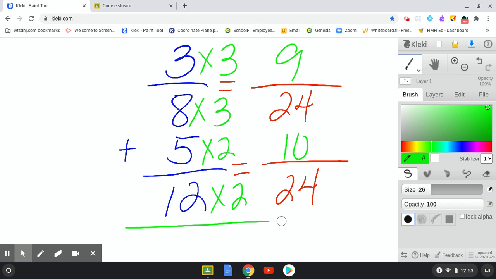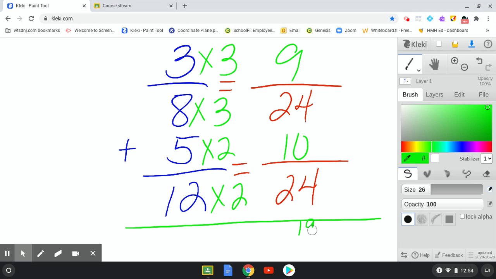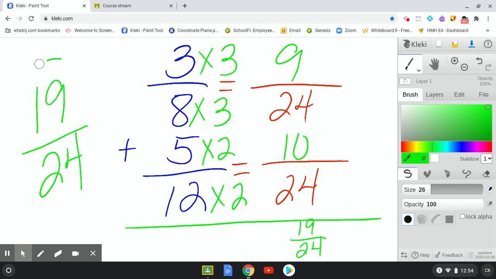I can just add my fractions. So I'm going to take the 9, I'm going to add it to the 10. I'm going to get 19 over 24. Remember, your denominator stays the same, okay? Now you would have to see, can I simplify 19/24? Well, it just so happens that cannot be simplified, so this would be your final answer, 19/24.